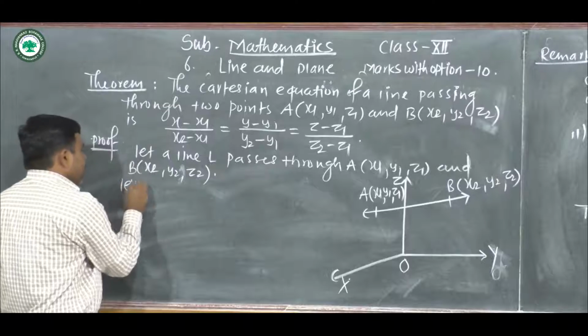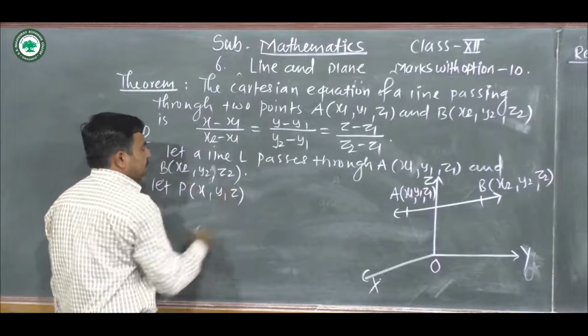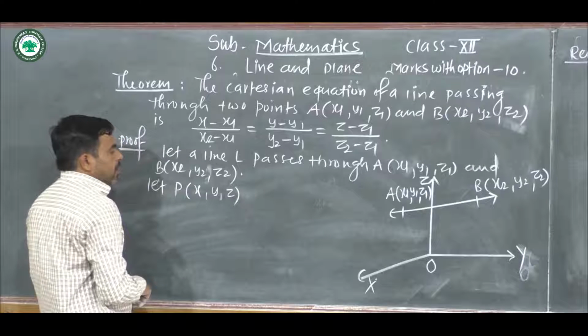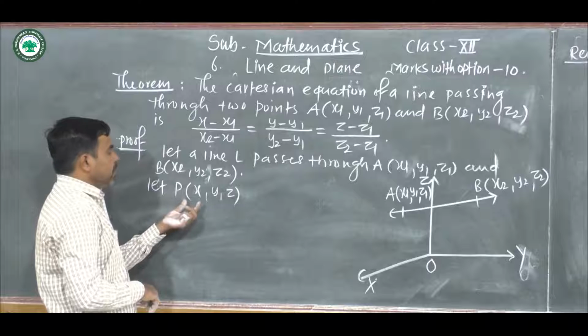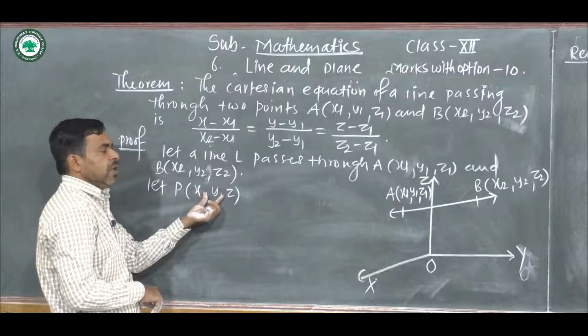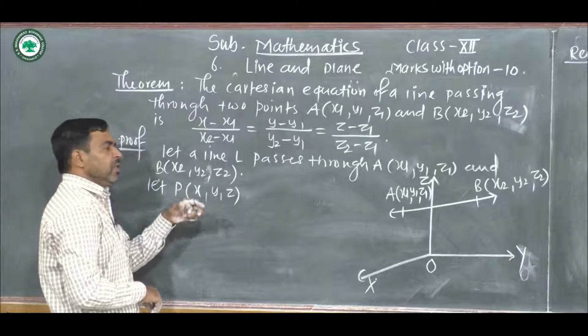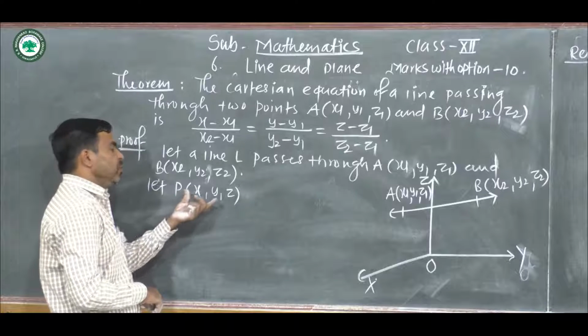Let P have coordinates x, y, z. Whenever we prove the Cartesian equation, at that time the variable point is P (x, y, z), or whenever we prove the vector equation, at that time take the variable point P with position vector r bar.